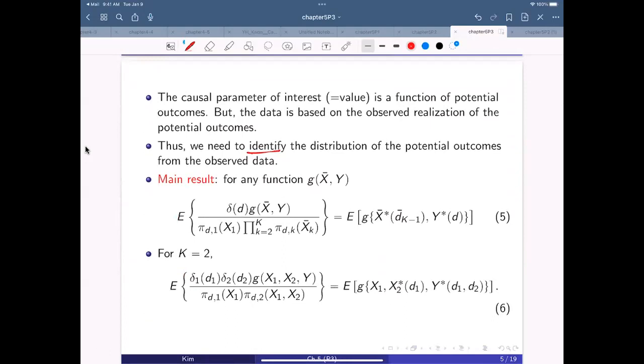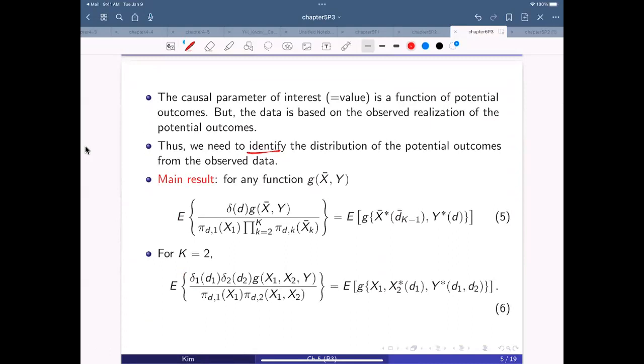And here's the main result. Basically, this is identification because the right side is a potential outcome, while the left side is observed data, right?